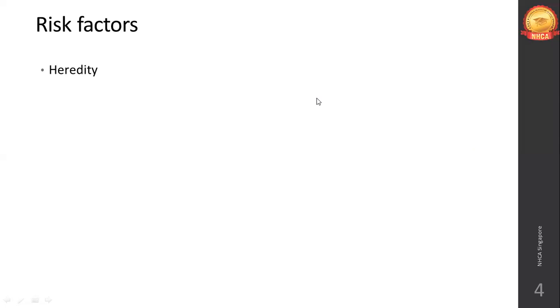So first is hereditary. As we have discussed in the pathophysiology, if you turn the page back to page number 482, if you see the pathophysiology, genetically inherited mutation plays an important role in transmitting the cancer causing genes from one generation to another. So there is a strong hereditary tendency to pass on your cancer causing genes.